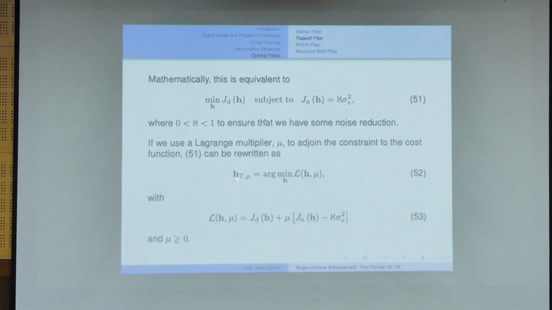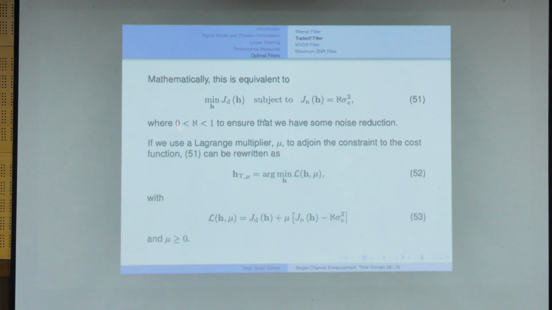We see what is the trade-off filter, what is this vector that minimizes this sum, where mu is any parameter that is larger than 0. And we now understand also what is the effect of taking mu larger than 1 or mu smaller than 1. If mu is 1, then we get the Wiener filter.